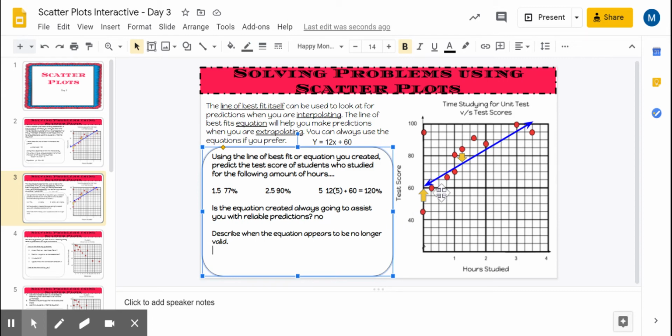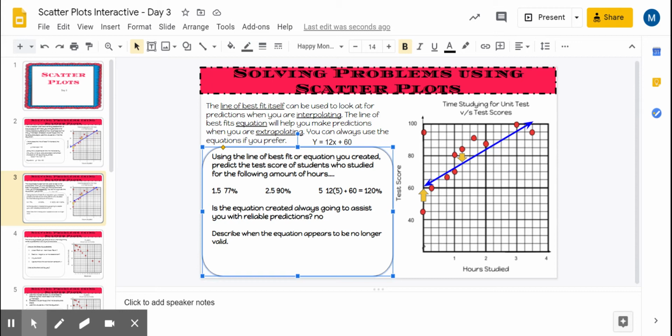When you think about it, when you look at this line, theoretically, people who study, whoa, that blue line kind of goes off the chart at 3.5 hours. So theoretically, according to our line and our equation, a student who studies 3.5 hours would be scoring at around 100%. Anyone who studies more than that should get over 100%, but they won't, right?